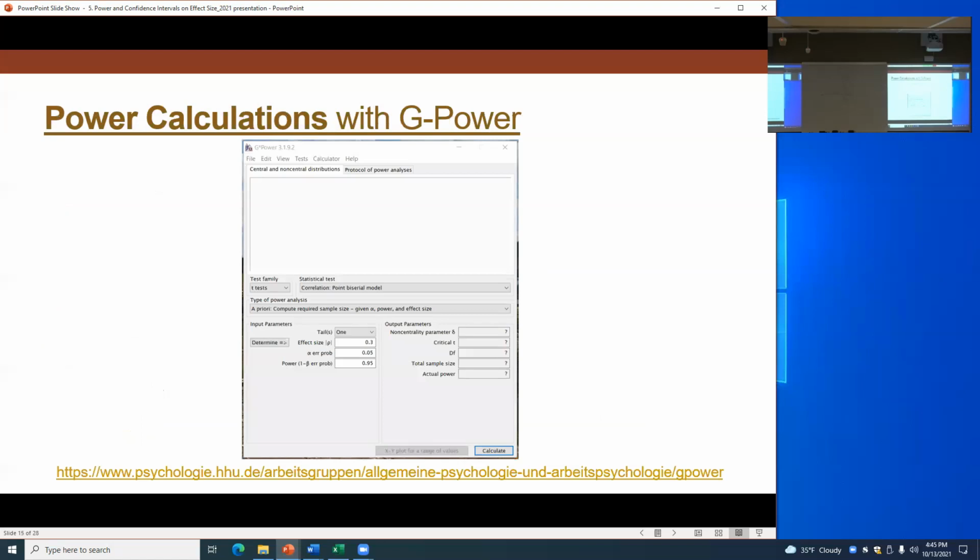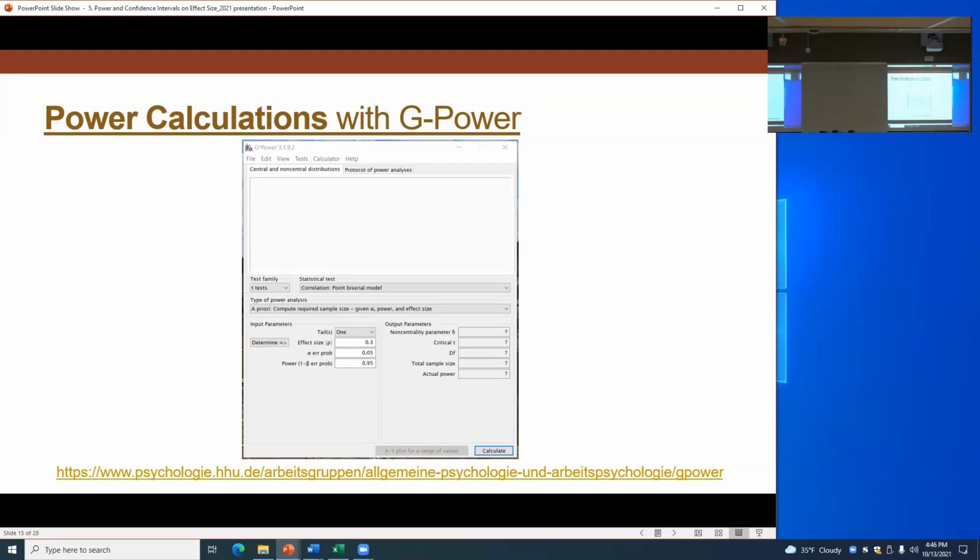All right, calculations with G-Power. We've been doing a lot of this by hand, but G-Power is a nice tool for simple designs, for estimating power. Here is the link. Here's the basic setup for the little desktop app that you get. Here you can choose your family of tests.